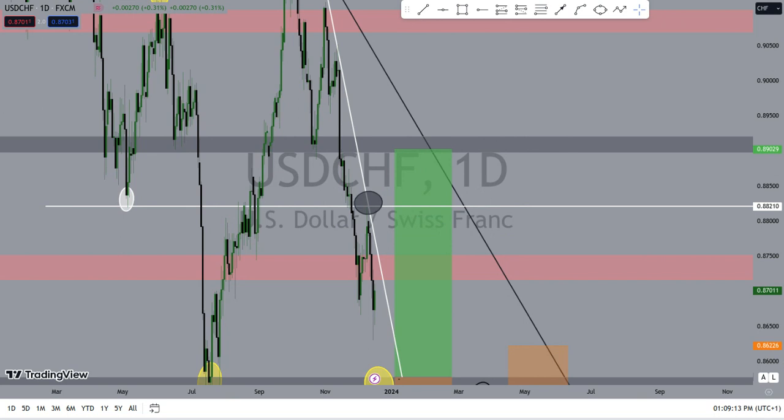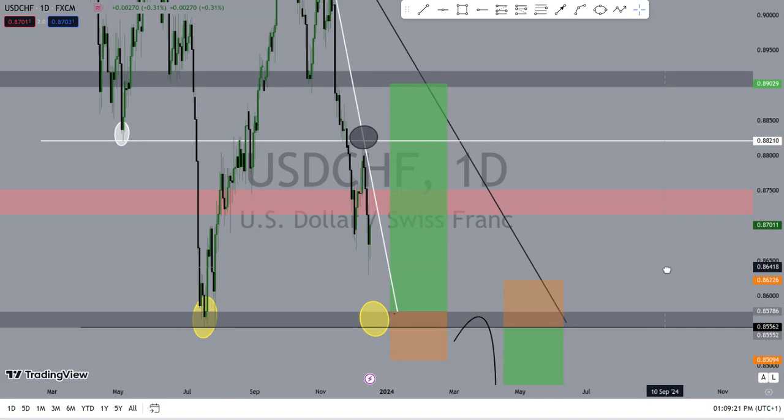We don't know the price projection for USD CHF for now, if it's going to be bullish or bearish. But when price gets to this level, then we should know the outcome by the patterns formed around this region, which should give us a direction for the next move of USD CHF.